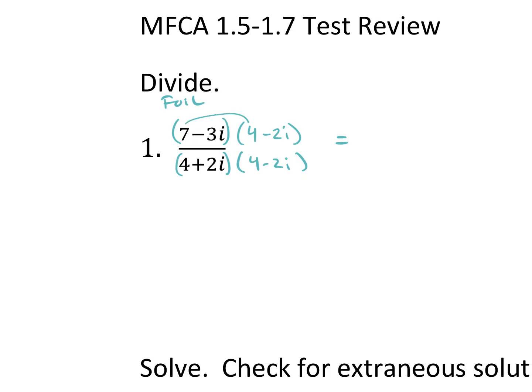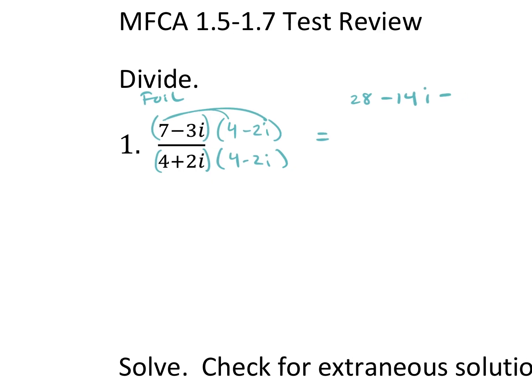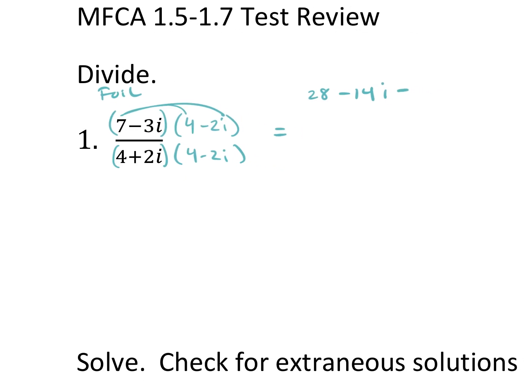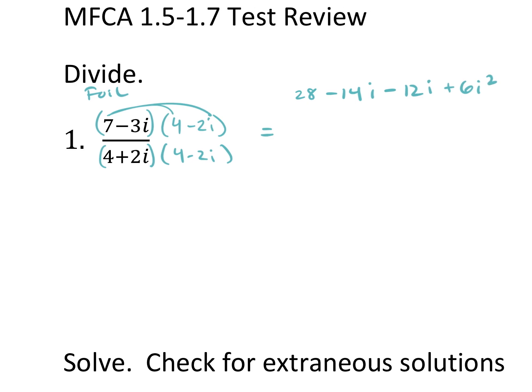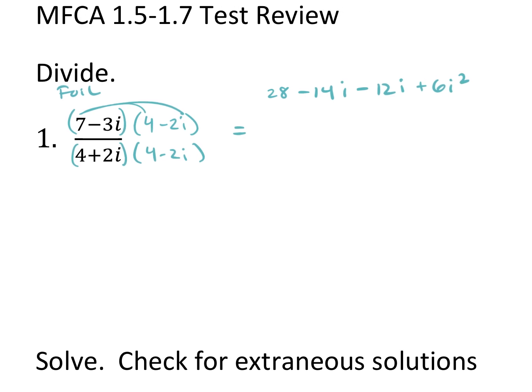4 times 7. 7 times negative 2i. Negative 3i times 4, negative 12i, and negative 3i times negative 2i is 6i squared. Then we change i squared to be what?